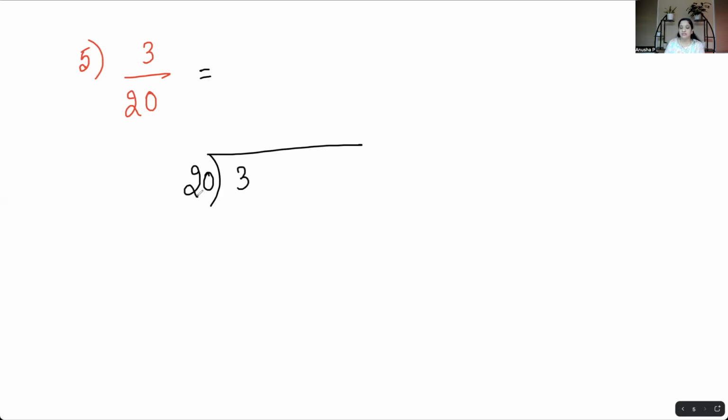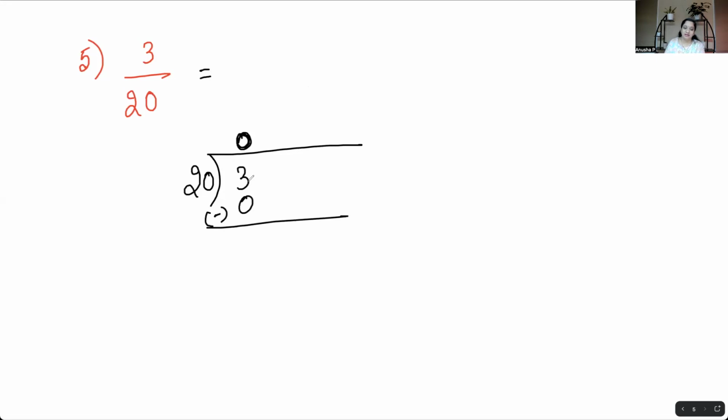Let me do the fifth example. The fifth example is 3 over 20. This is another quite interesting example. We can't simplify that, so 3 divided by 20. We write 20 outside and 3 inside. Will you get 3 in the 20 table? No. So 20 times 0 is 0.